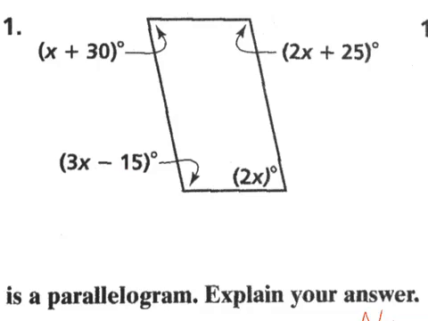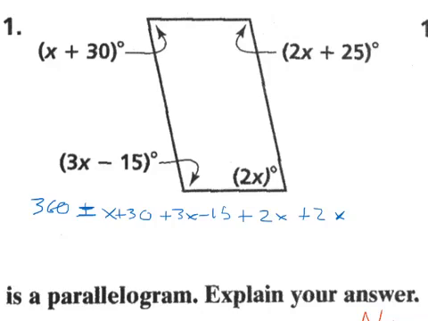So that's what I'm going to do. I'm going to write 360 equals x plus 30 plus 3x minus 15 plus 2x plus 2x plus 25. Alright, well, let's combine some like terms.